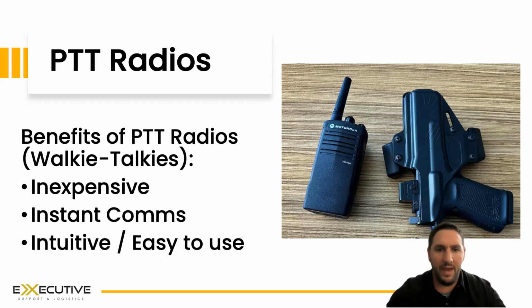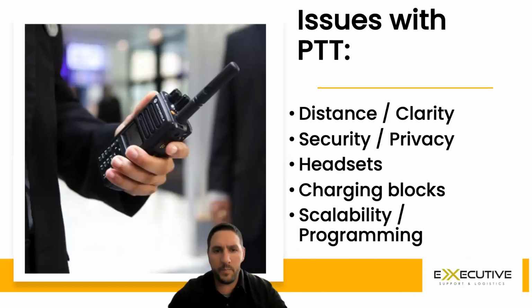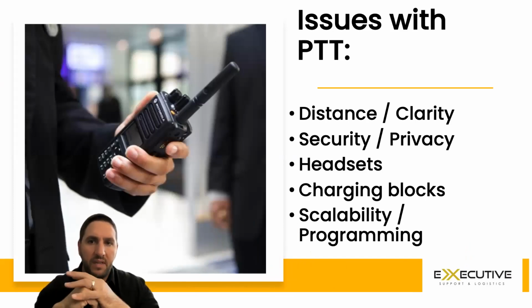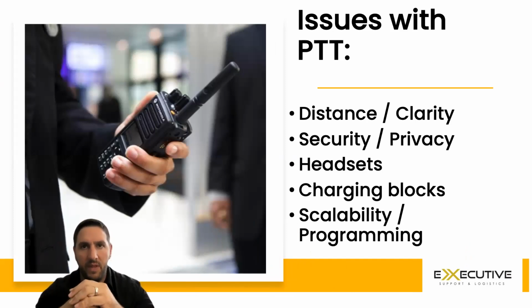But we have some issues with that. There are some issues with push-to-talk walkie-talkies, which mostly come in the fact that they are limited by clarity and distance, because as that signal goes out, it gets chopped up through buildings and elevators and metal and everything else. So distance is an issue, clarity is an issue at distance, and then security and privacy.